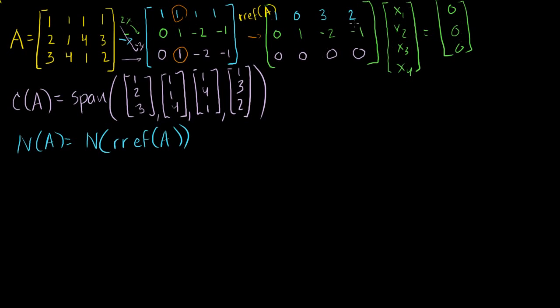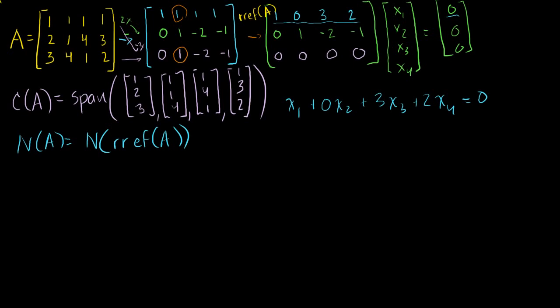So we get 1 times x1. So this times this is going to be equal to that 0. So 1 times x1, that is x1, plus 0 times x2, plus 3 times x3, plus 2 times x4 is equal to 0.